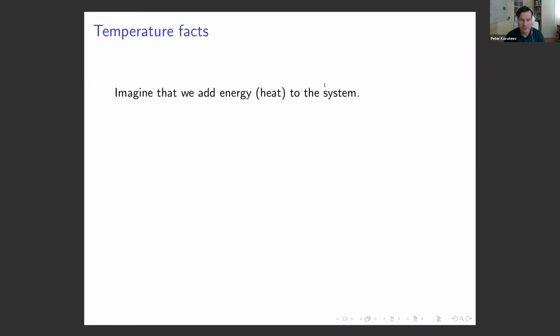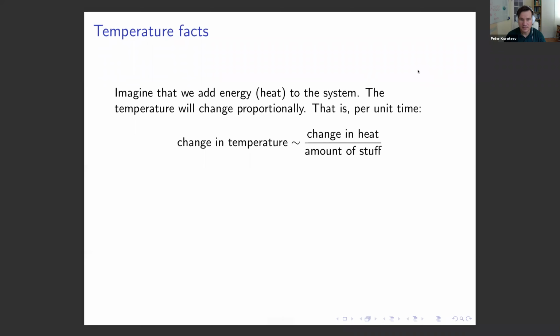Now imagine we add some energy or heat to the system, and temperature will change proportionally. So per unit time, the change in temperature is the ratio of change in heat over the amount of the material. We need to quantify it a little bit, but basically, the more energy we put in, the more change in temperature it triggers.